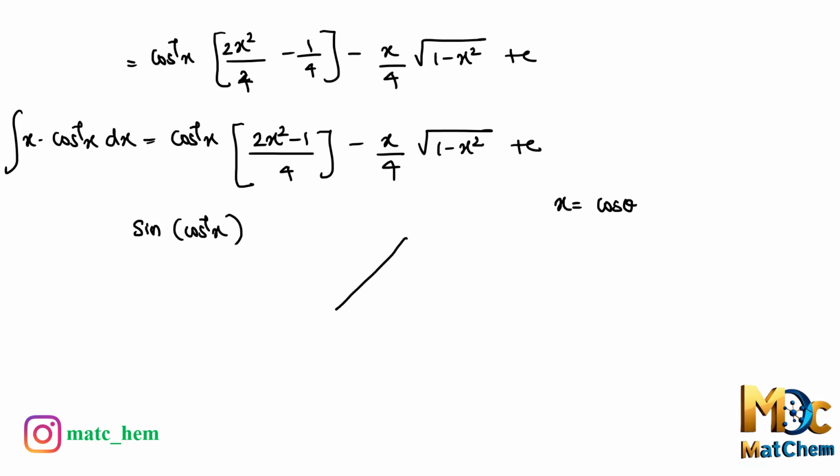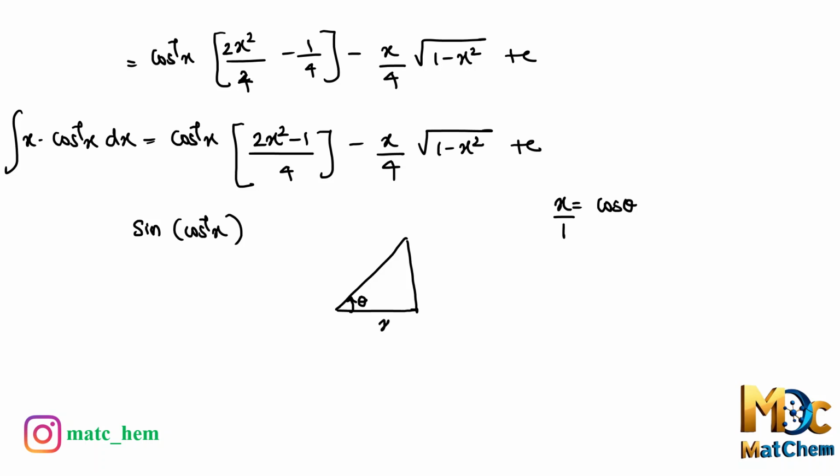According to the trigonometric principle, if you consider a right angled triangle, and this particular angle is theta, then cos theta equals adjacent side by hypotenuse. So the adjacent side will be x, and the hypotenuse will be 1, because x is nothing but x by 1.